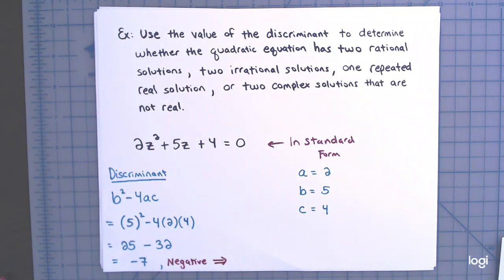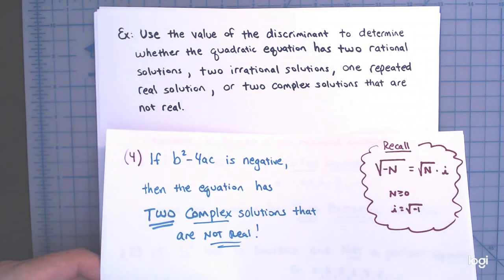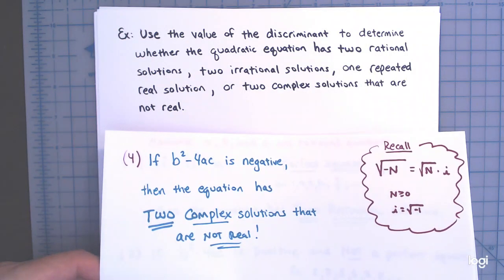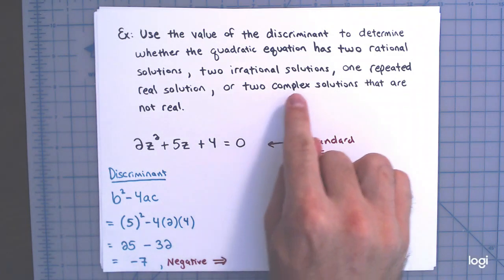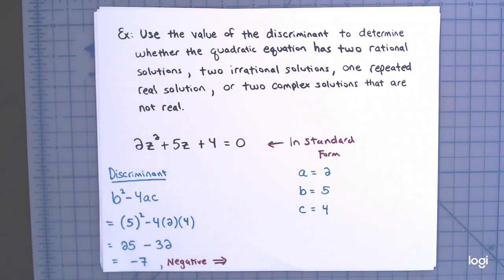If you go back to, I'll bring the page back up, that was this case here. So in that case, the equation is going to have two complex solutions that are not real. You're going to end up with the square roots of negative numbers in each solution. So each solution is going to have an imaginary part to it and not be real.